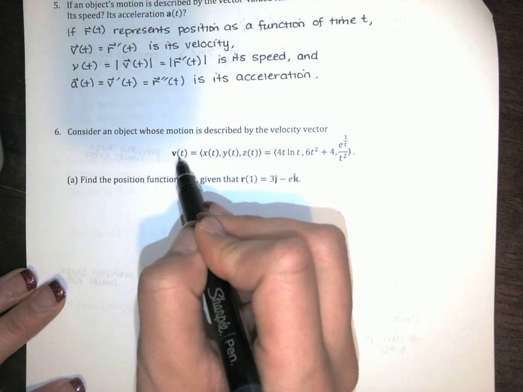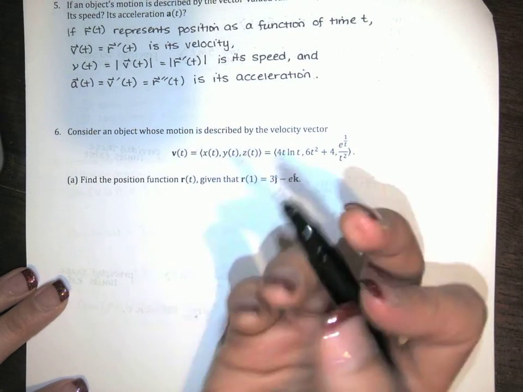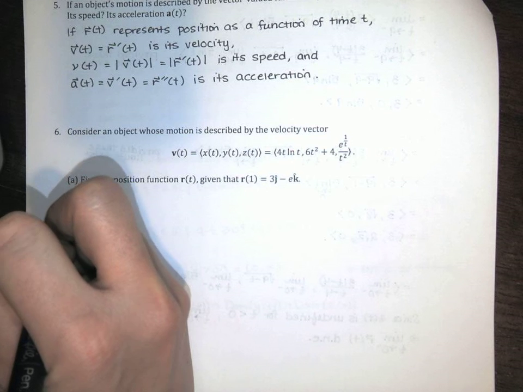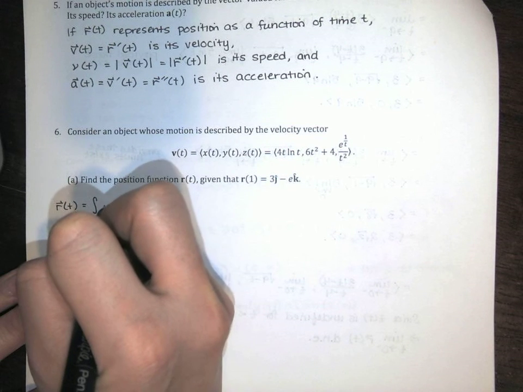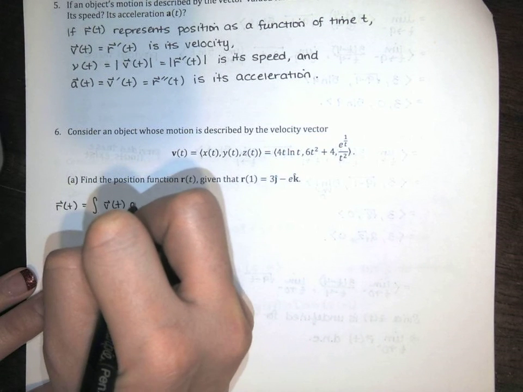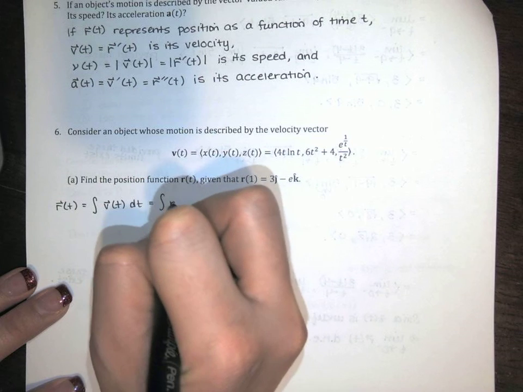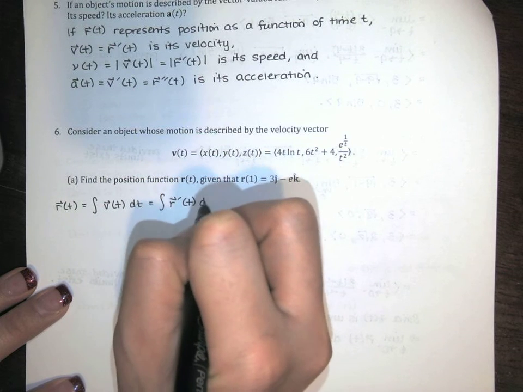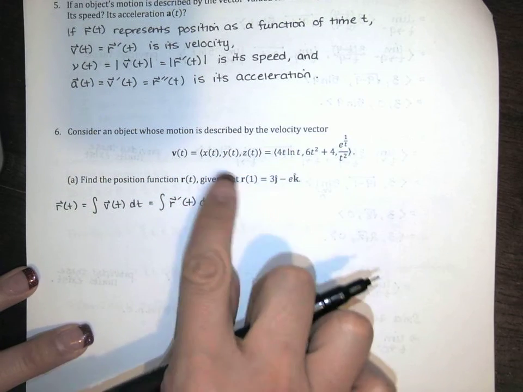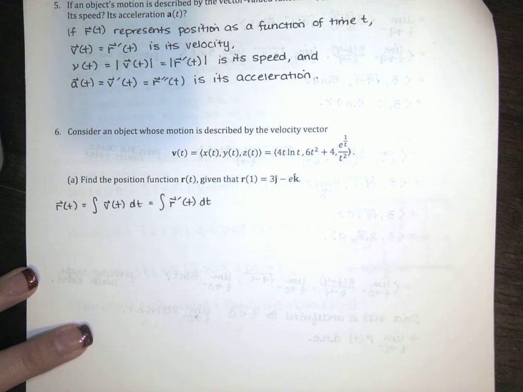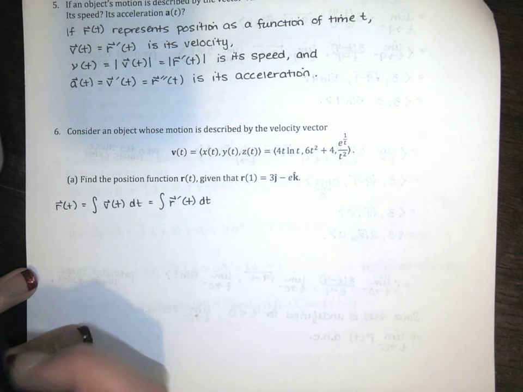But if I have velocity and I'm trying to get position, I take the antiderivative. Because the antiderivative of velocity is position. And in order to take the antiderivative of a vector-valued function, you take the antiderivative component by component.